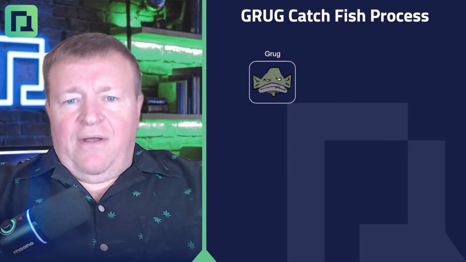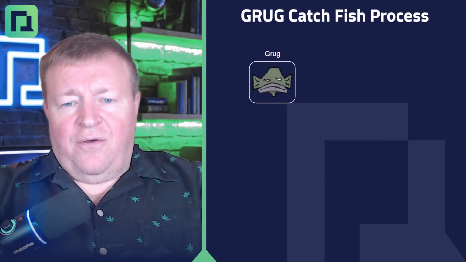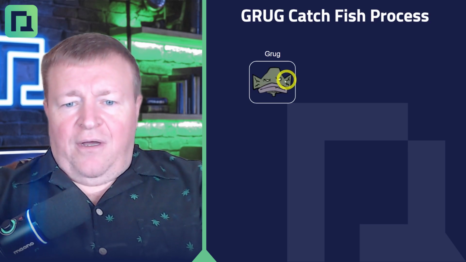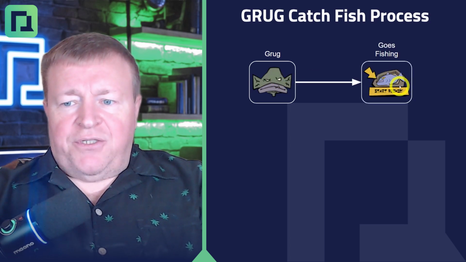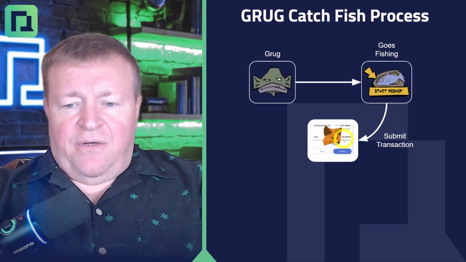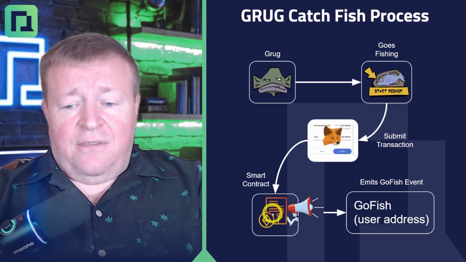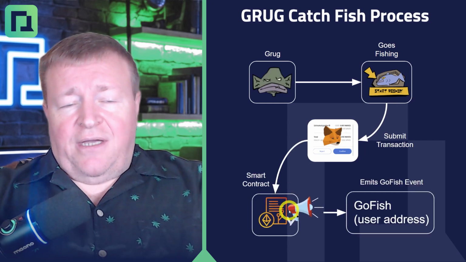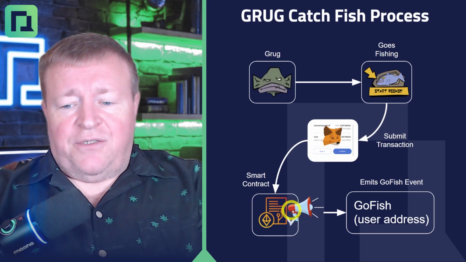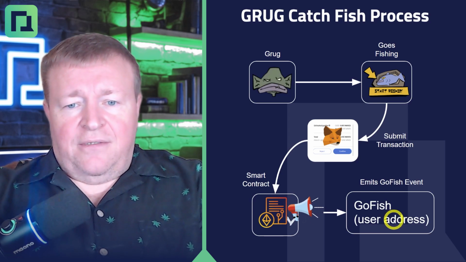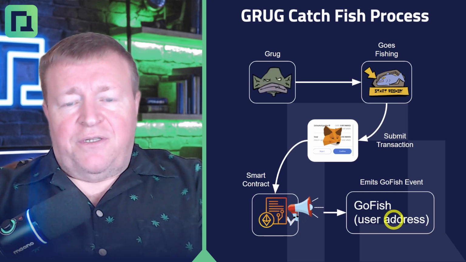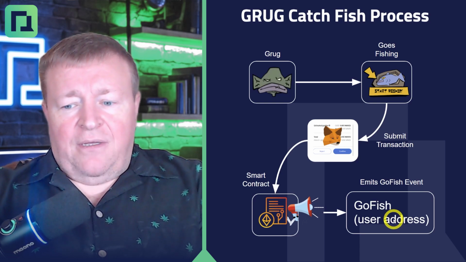All right, let's talk about the processes. So this is the front end. So Grug goes fishing, submits a transaction, which goes to the smart contract, and when the transaction goes through, it emits an event called go fish and has the user address. So this is the process of the actual fishing. This is all in the front end.